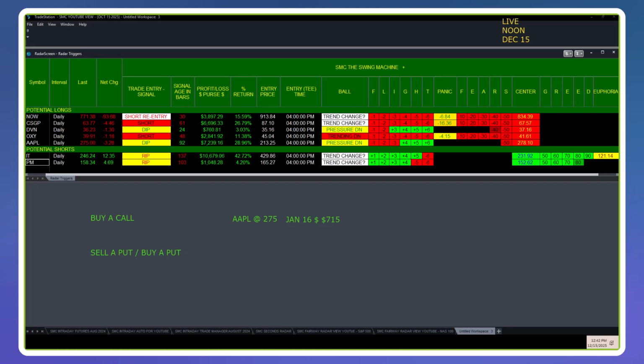We go out to January 16th, and she's trading at 771, 770, which is $2,800. I don't think I want to do that. So what we could do, if we want to get long, is do Now this way. We could sell a put.